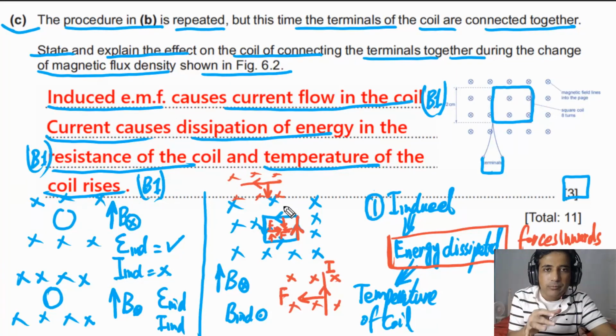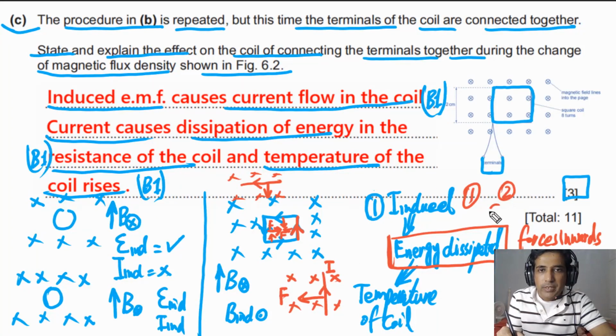And the second point you will get if you mention there will be forces on this coil because this coil has current and the coil is inside an external magnetic field.